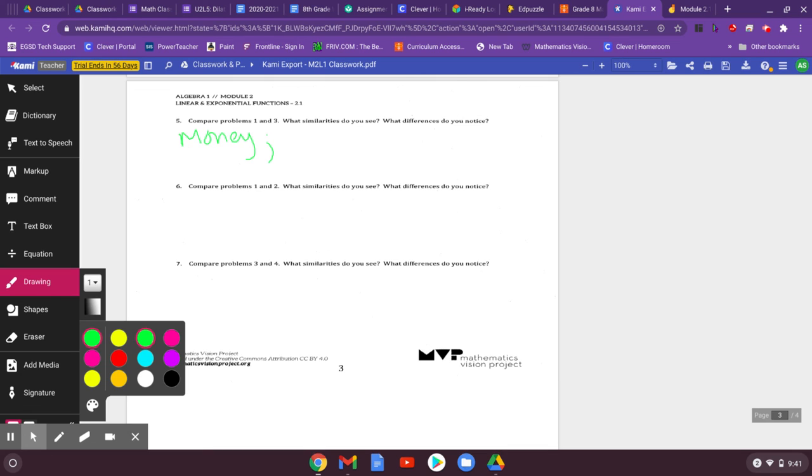They were both money, and they both were not connected. They earned money at the end of the month. They earned money at the end of the day. So both were discrete. Here's where I want to see your vocab. Both are discrete. Differences. Number 1 was linear. Should have been a straight line. Number 3 was geometric.